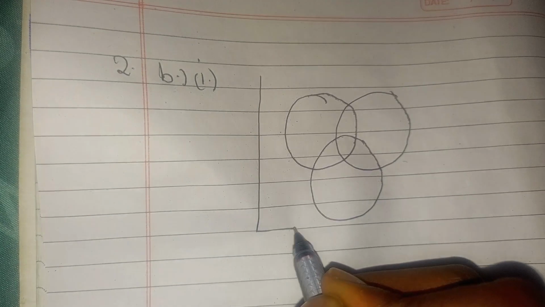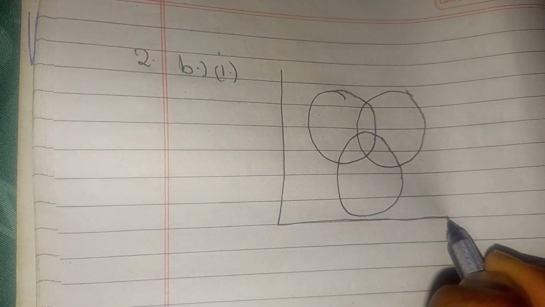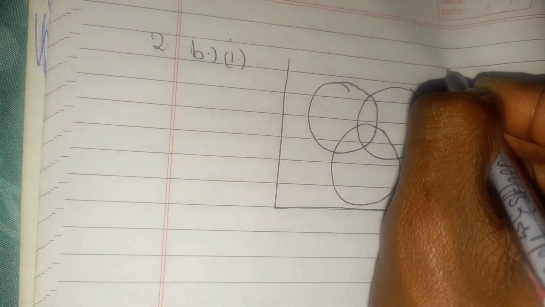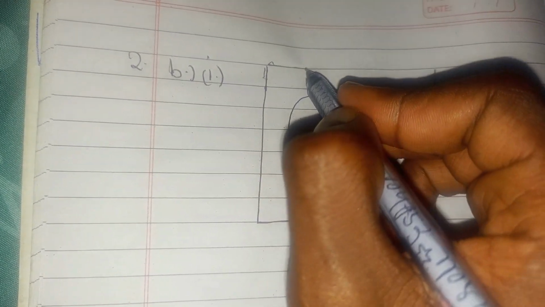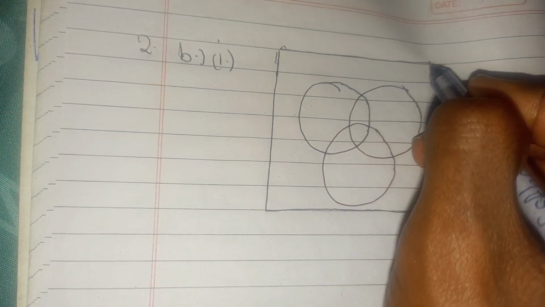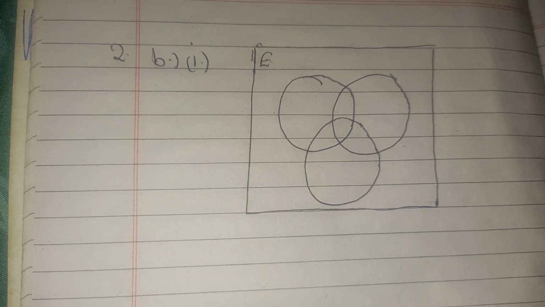So we enclose these sets. And then we put E to represent the universal set.